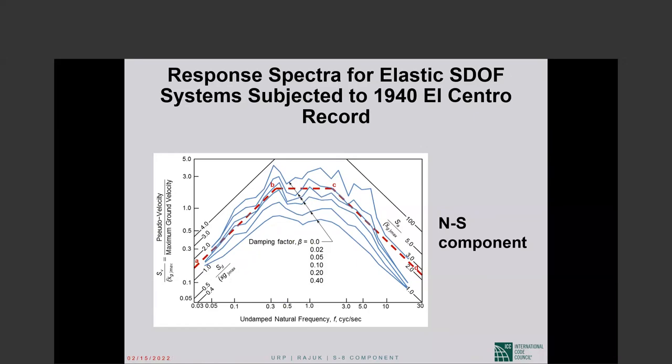Okay, so the 3-part red line is an approximation of the 5% damped spectrum. Since frequency is on the x-axis, now the right to left diagonal scale gives you the spectral accelerations, which can be read this way, okay, and the spectral displacements can be read this way.